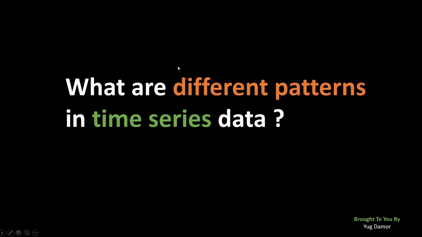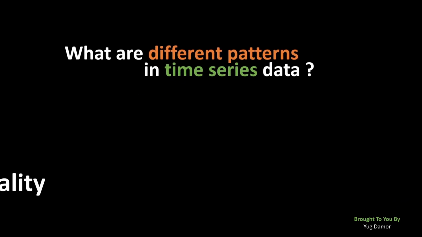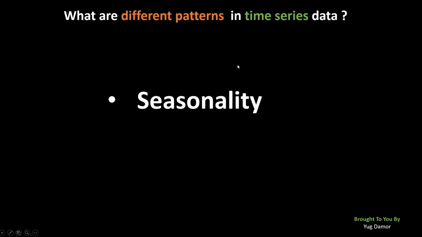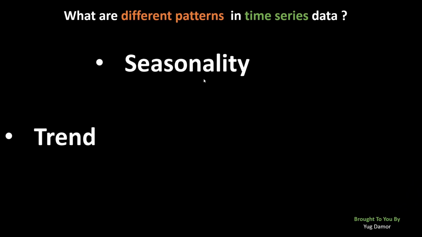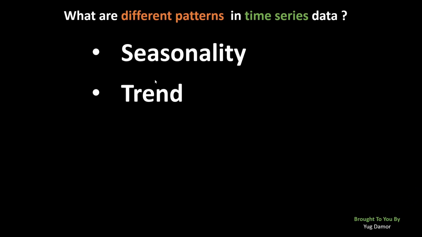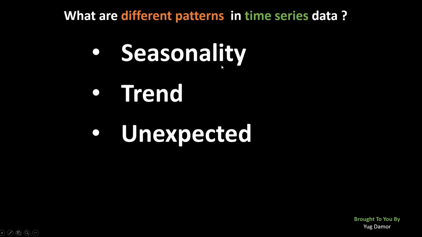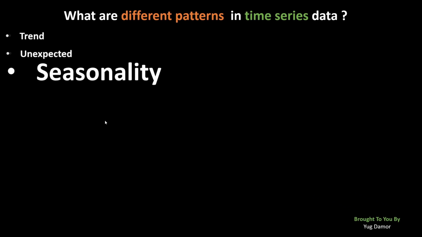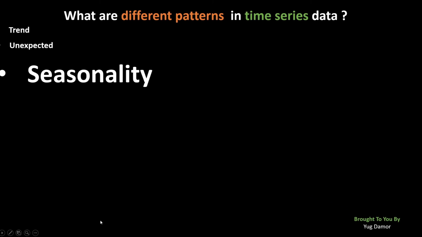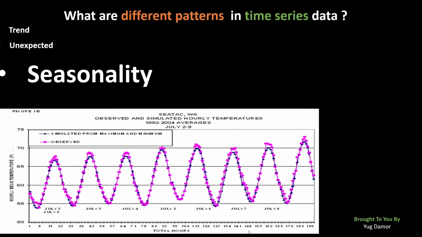Now, what are the different patterns in time series data? There are some patterns in time series data. The first one is seasonality, the second one is trend, and the third one is unexpected. First I will explain seasonality. To explain this, I will take a chart of temperature over 1 week.